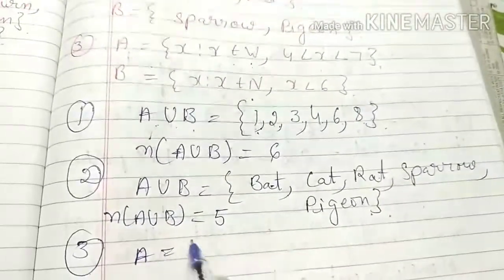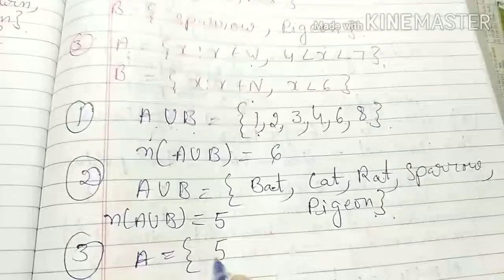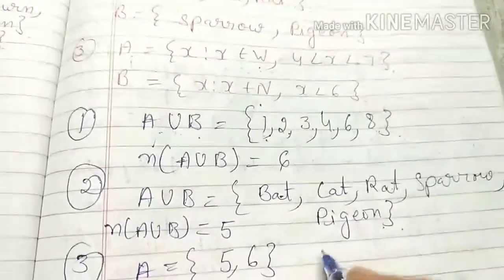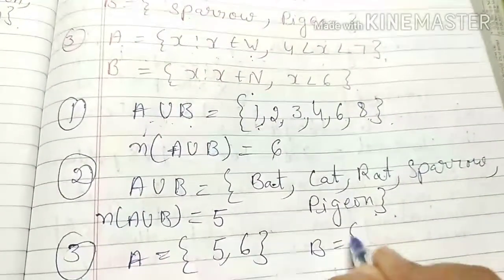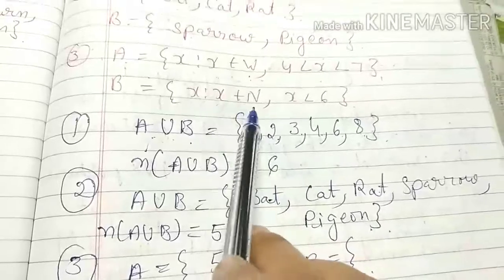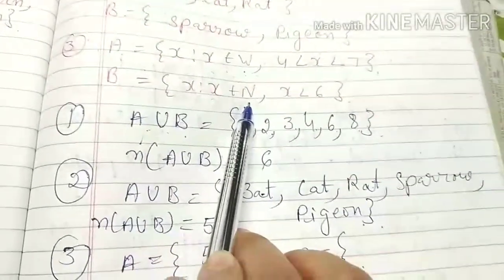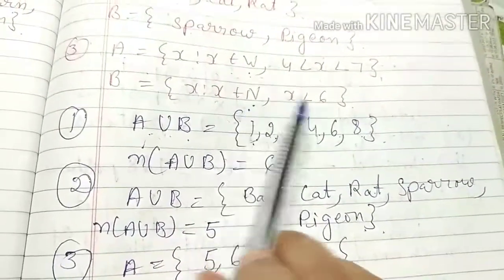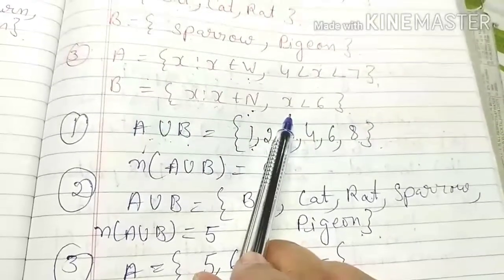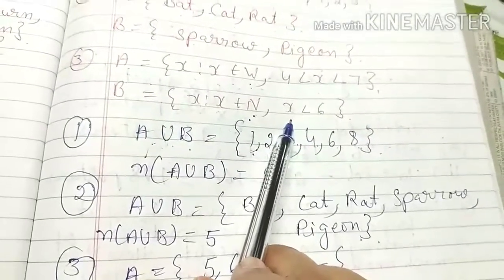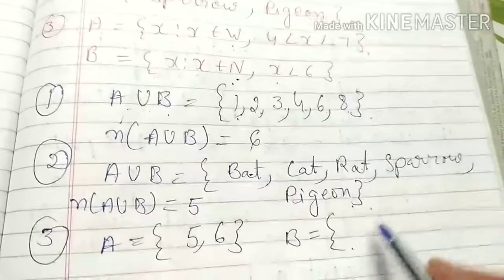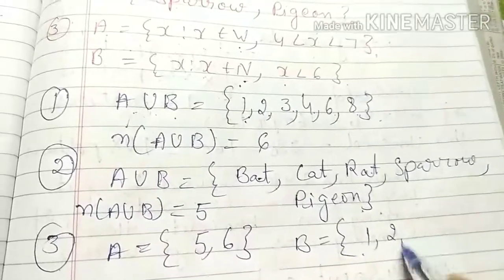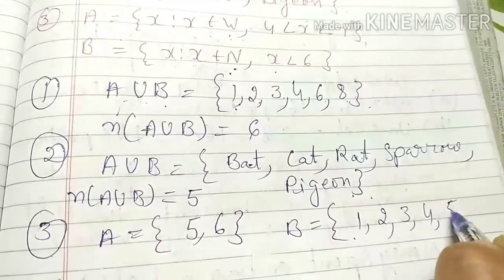So when you convert into tabular form, only 2 elements come under set A. And if you look at set B, here X belongs to natural numbers starting from 1 and my X value is less than 6. From 1 to less than 6 you have to write. It means 6 is not included: 1, 2, 3, 4, 5.